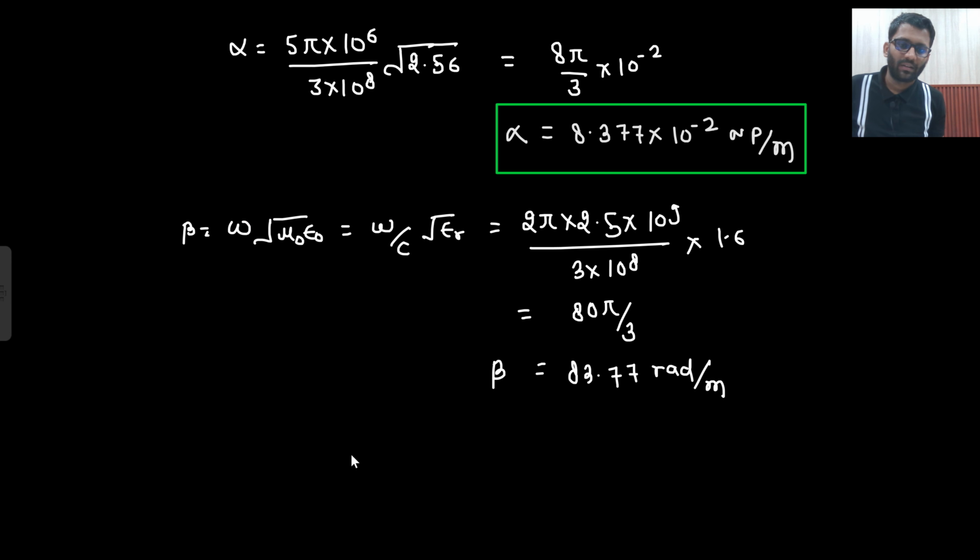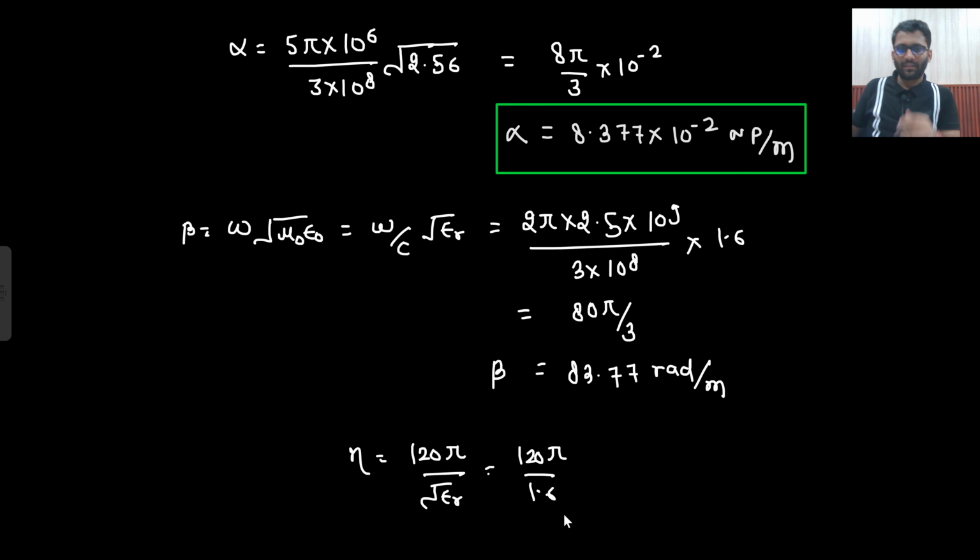And what about eta? Eta is 120 pi by under root epsilon r. So 120 pi by 1.6, right?